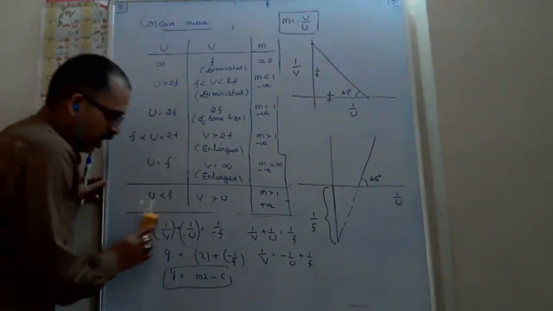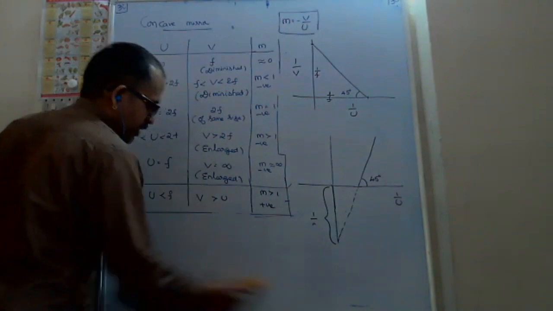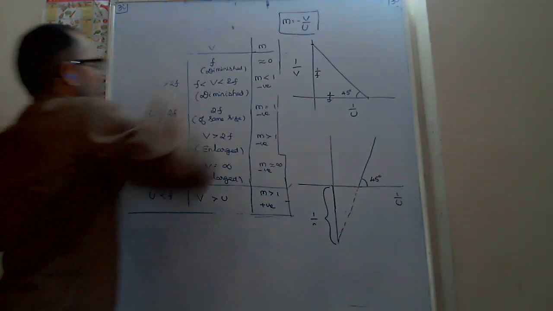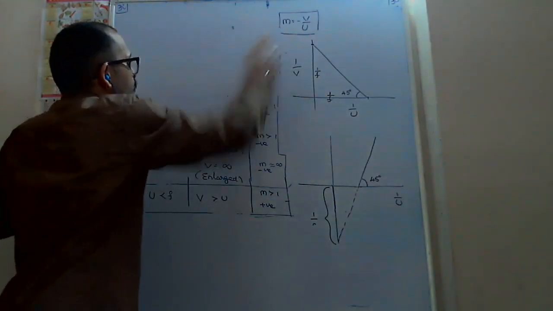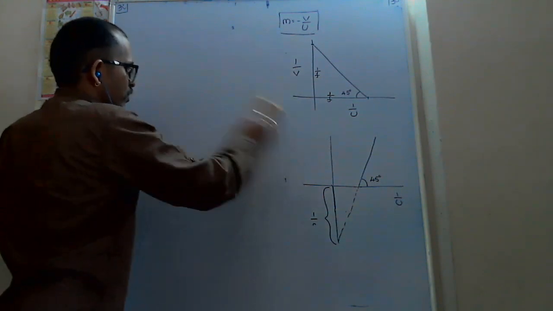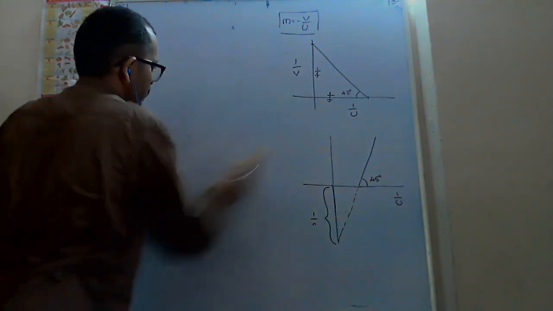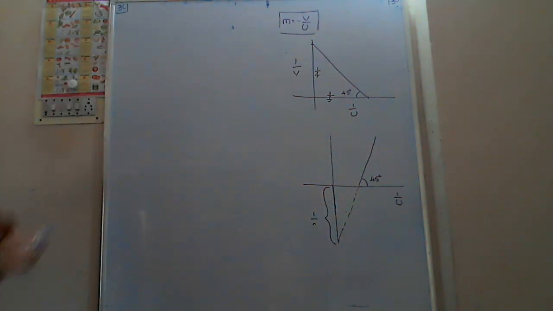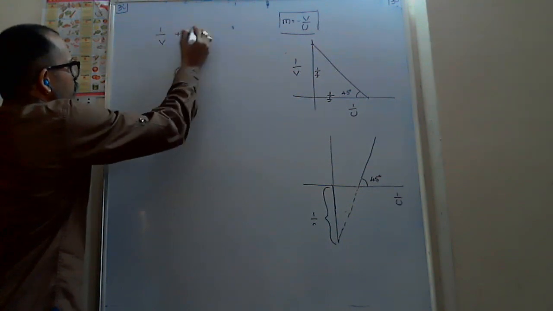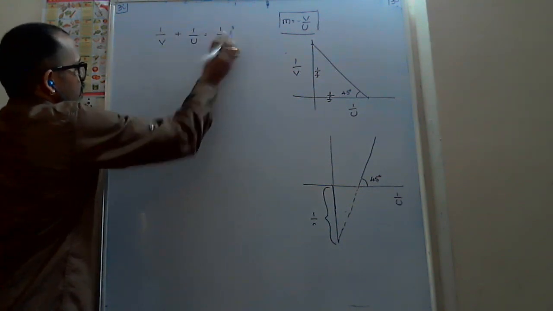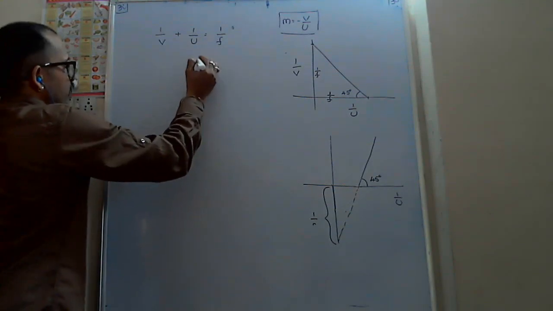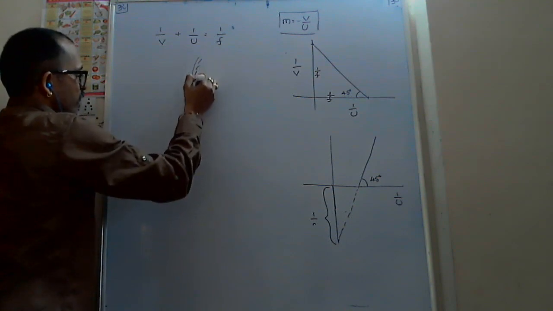So if I come to the convex mirror, then what happens? In case of a convex mirror, first, without drawing the table, what he is saying: 1 by V plus 1 by U equals 1 by F is the mirror formula. For a convex mirror, you have to take the mirror like this.